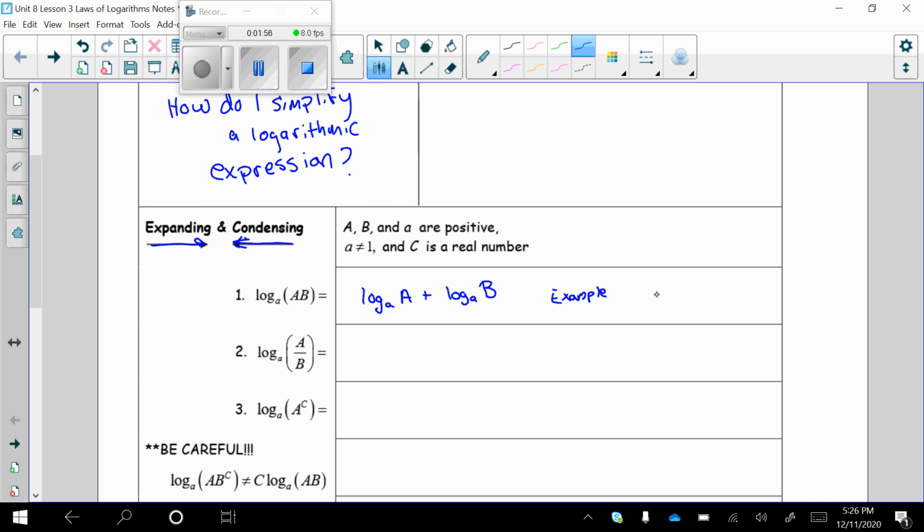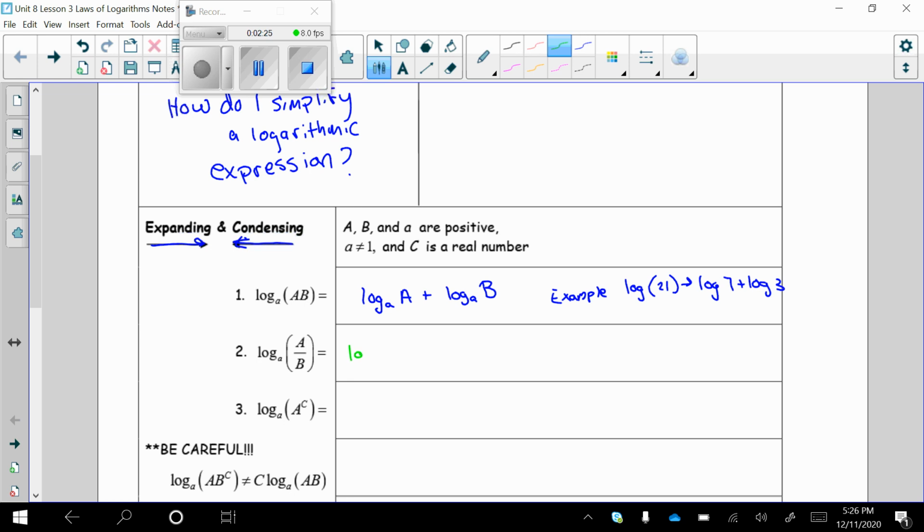You can have 2 things in there, but it could also be like log of 21, and you can rewrite that as log of 7 plus log of 3. All right, so it can be factors of that, or if this says like 3x, you could have 3 and an x. Okay, so this one doesn't go any further. Doesn't really benefit us to expand that, but in some cases it will.